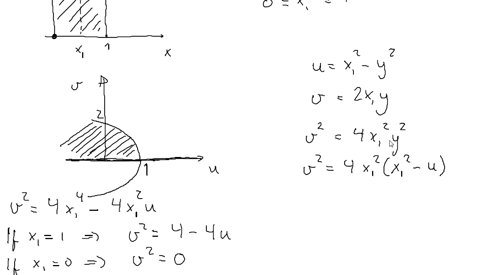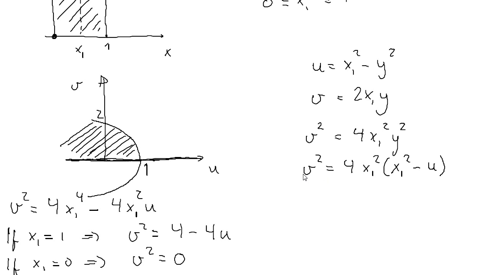And now we see why this was a very wise thing to do, because when we have this equation we recognize y squared, and y squared is a part of the expression for the real part. So now we can replace y squared, or express y squared in this equation by x1 squared minus u, which we have done here.